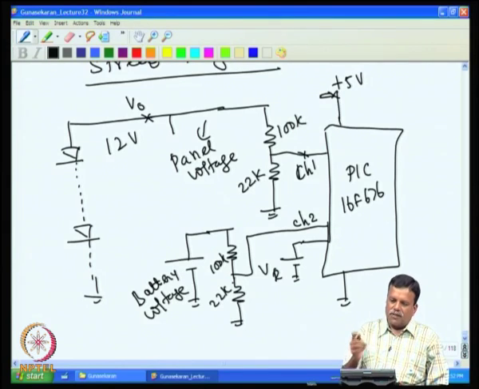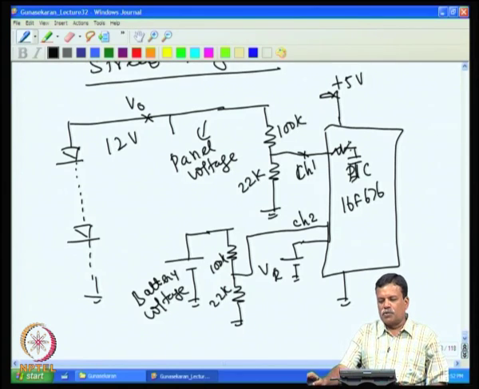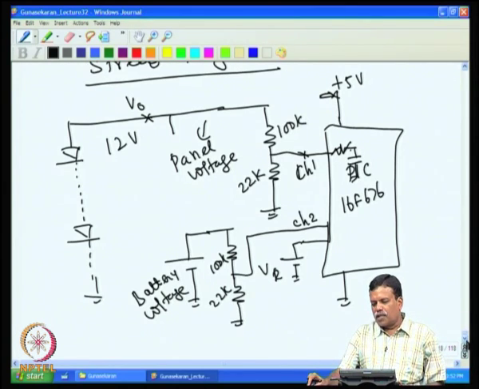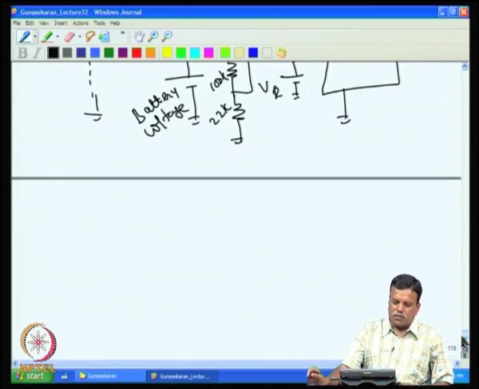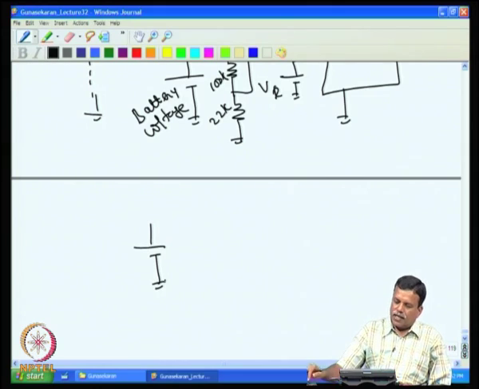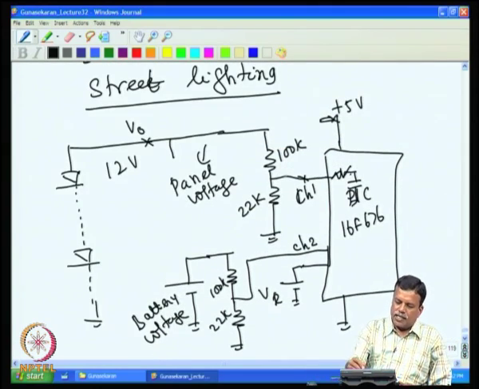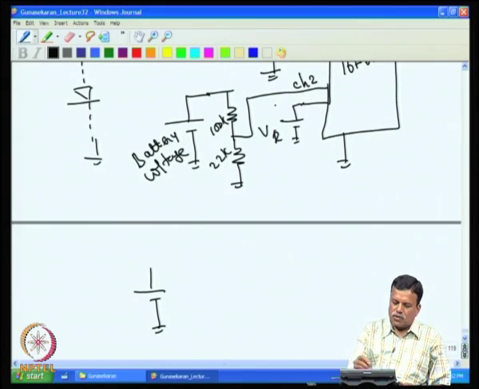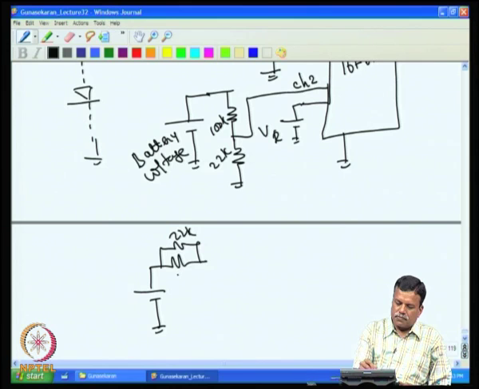Now, in this circuit, if I look at the converter inside, we have about 1K resistance and a sample and hold capacitor inside. If I draw the equivalent circuit of this converter, I have a voltage source, then the equivalent resistance of 100K parallel 22K, then the 1K resistance, and a switch resistance which I neglect.